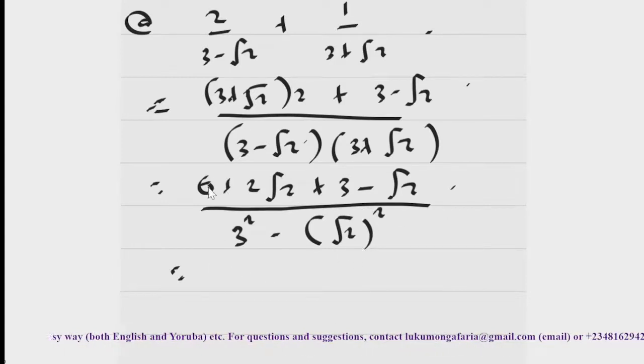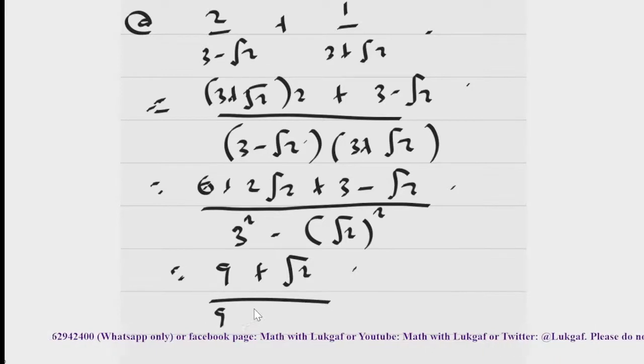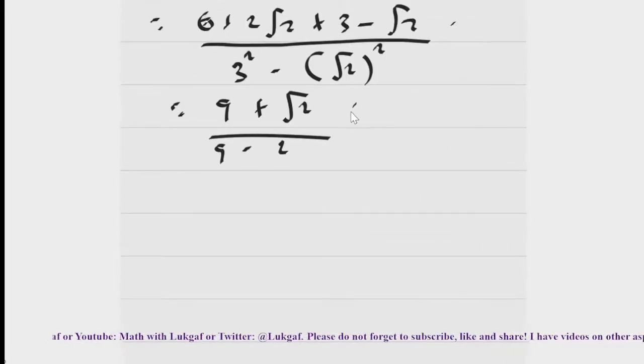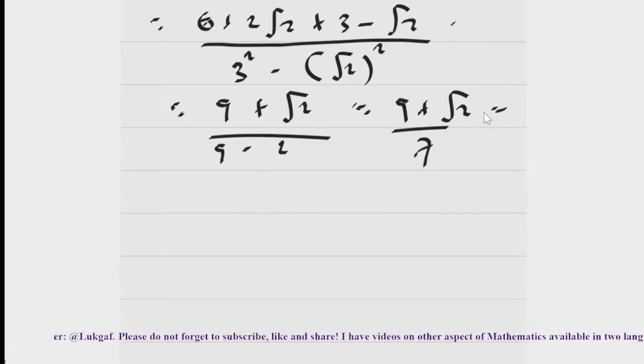So if you collect the like terms, 6 plus 3, that is 9, plus 2 root 2 minus root 2. You know, this is just like you're having 2 pens minus 1 pen. That is root 2. Then divided by 9 minus 2. Do you know how it is minus 2? Because root 2 squared will give me what? 2. So if you simplify that, this is going to give you 9 plus root 2 divided by 7.